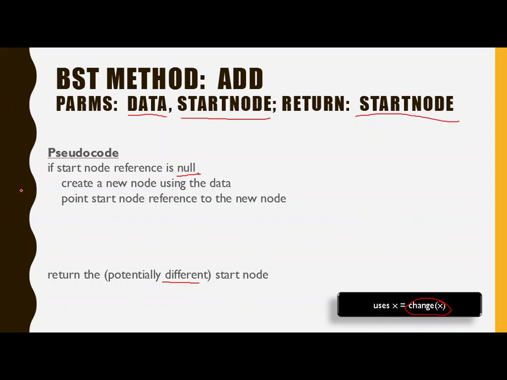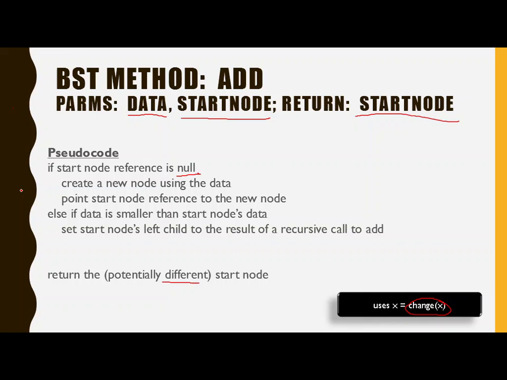Okay. What's the next case? That's our base case. What's our first recursive case? If the data that was passed to us is smaller than our data, then we need to follow the left, right? We need to go to the left. So again, because of x = change(x), we set my node's left child to the result of the recursive call to add.